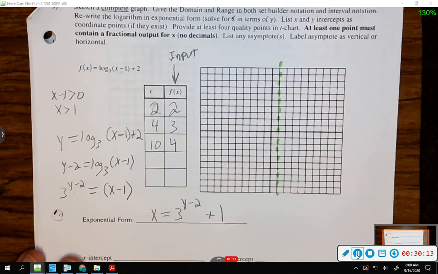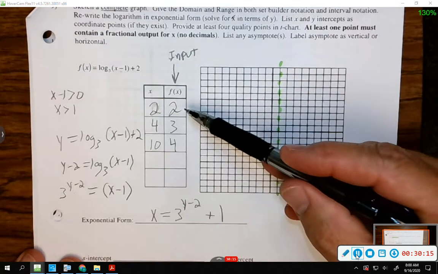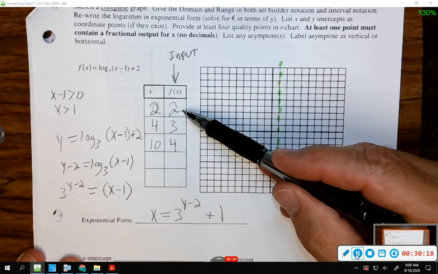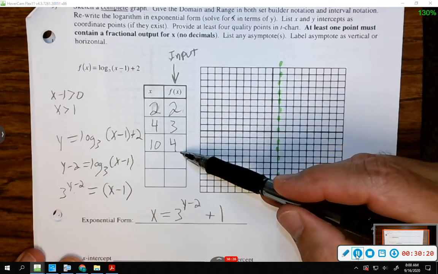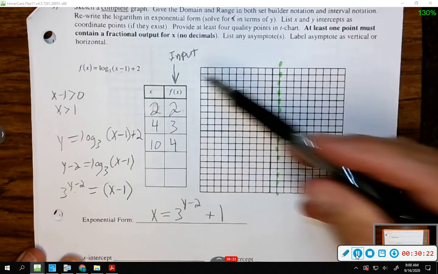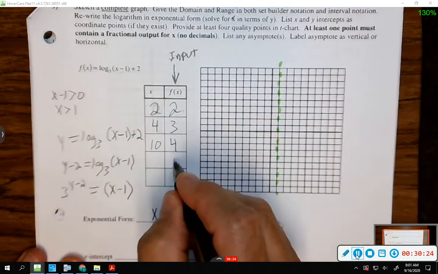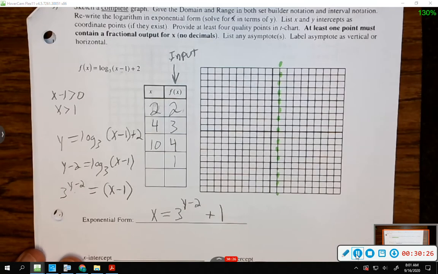So let's go the other direction from our first input. Here we worked to the right of y being 2. Now we're going to make y equal 1. 1 minus 2 is negative 1. 3 to the negative first power is 1/3. 1/3 plus 1, just write it 1 1/3. That's good enough.